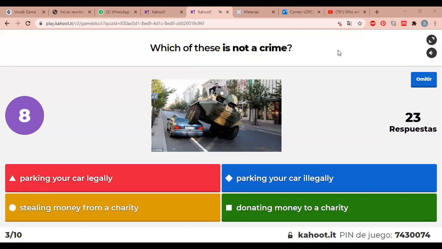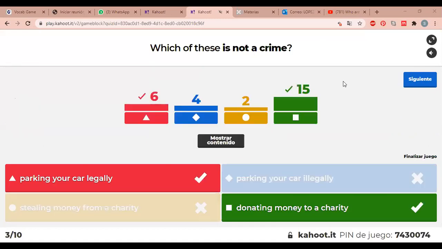Which of these are not crimes? Okay, very good. We have two good answers here. Parking your car legally is not a crime, and donating money to a charity is also not a crime. Very good. Let's move to the next.